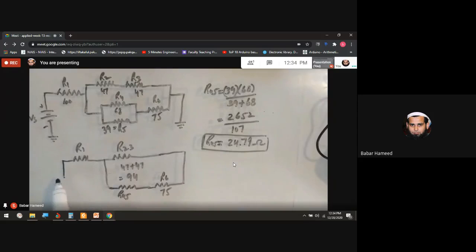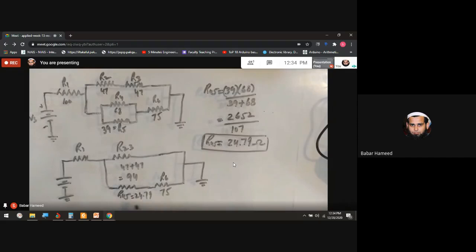And again, now R45 we can solve it as one resistance. This is 24.79, or I can approximate it as 25.